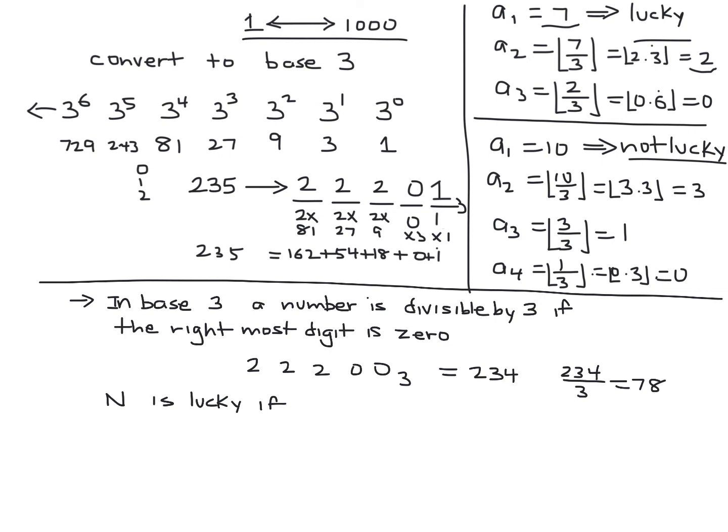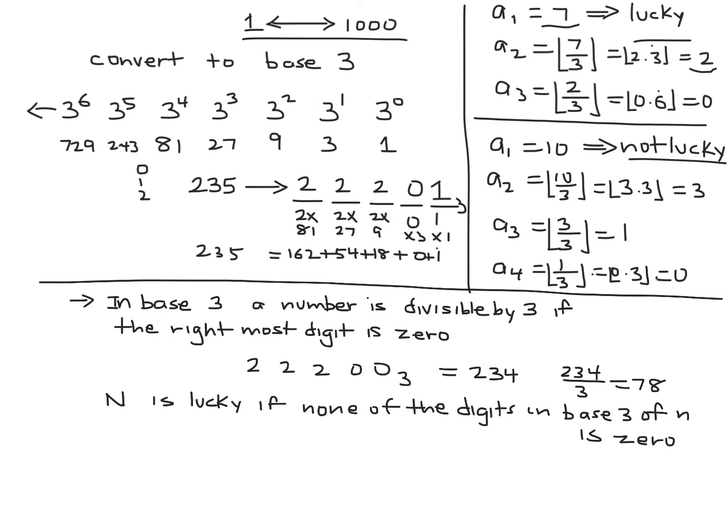So we want none of them to be divisible by 3. So n is lucky if none of the digits in base 3 of n is 0.